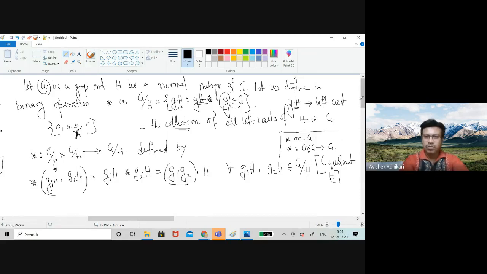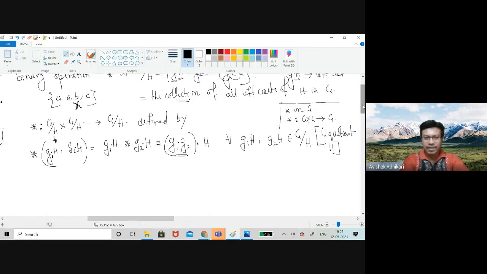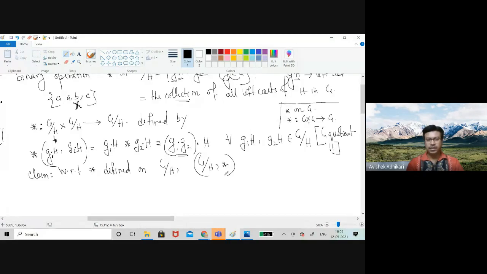So I claim that with respect to the star defined on G quotient H, G quotient H with star is a group.